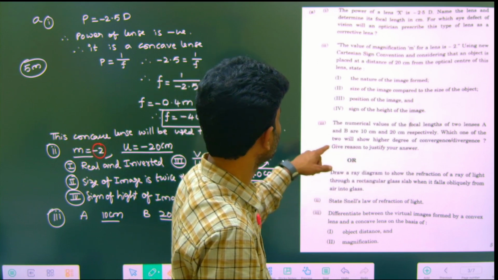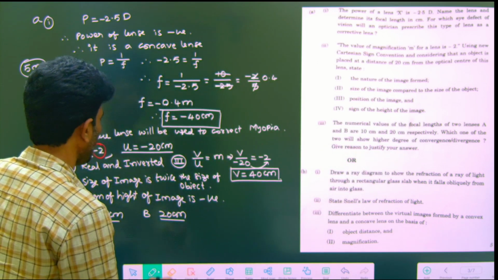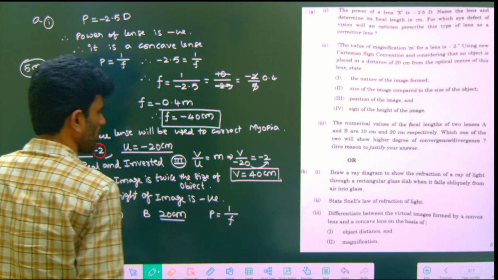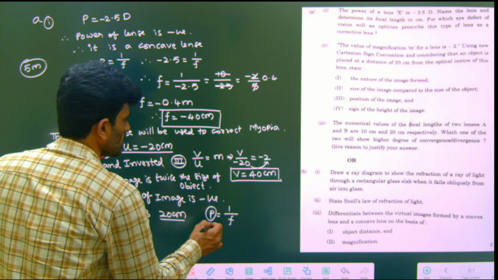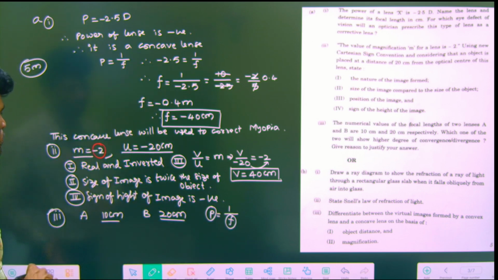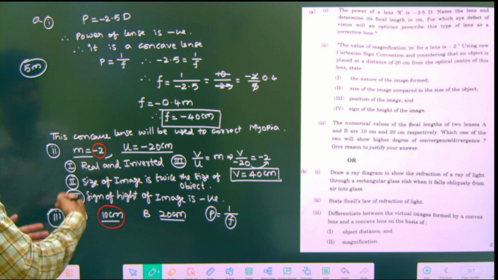Which one of the two will show higher divergence or convergence? See, we have power of lens equal to 1 by focal length. Means inversely proportional. When focal length is more, power of the lens will be less. So here focal length is less, so power of lens will be more.